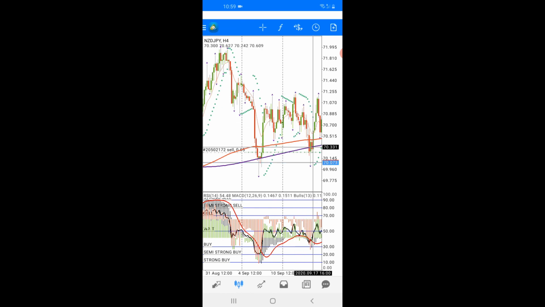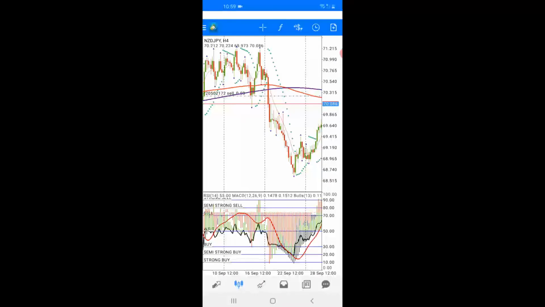So even if it retraces again, watch this place closely. The same thing happened here. You see this bullish engulfing candlestick pushed the market back, and that is why it went up again. So like that.